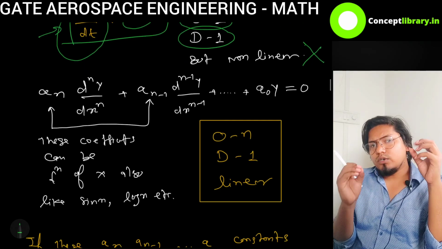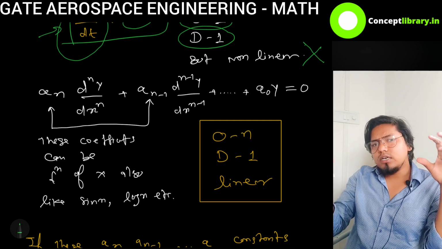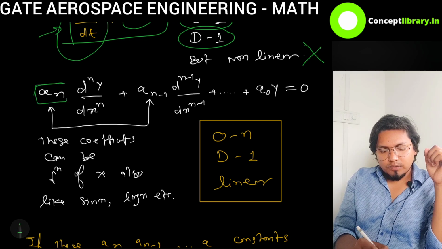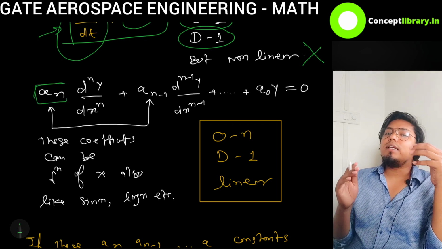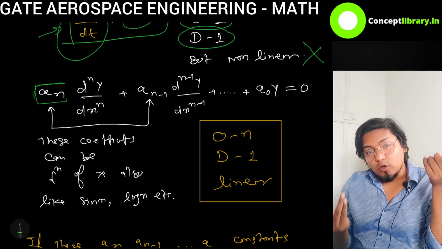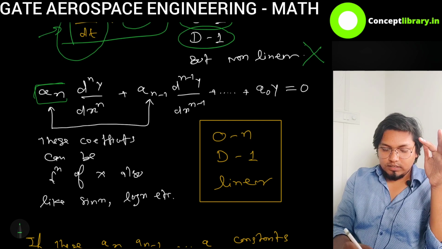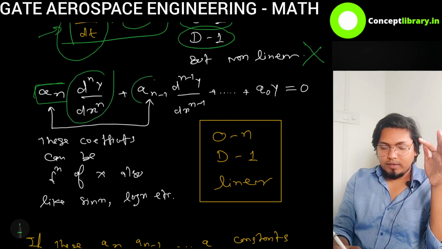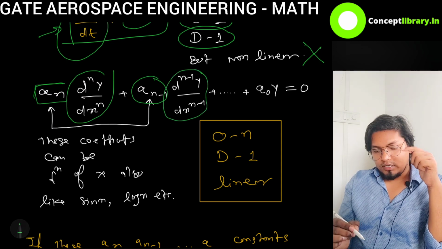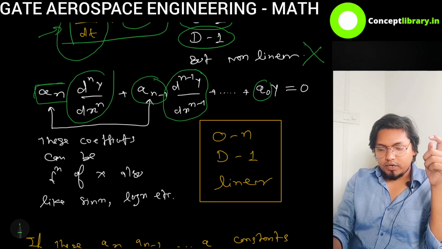Let's go into more detail to check the linear and non-linear concept. Suppose I am writing a general equation, a power n. This a_n can be any constant, or it can be a function of x, but let me explain. Here you have a_n, then here you have a_(n-1), another constant, with the derivative of order n minus 1, plus here I have a_0 and y.